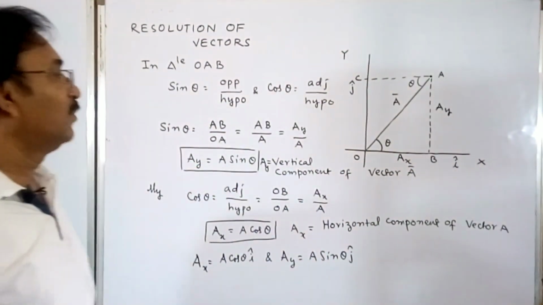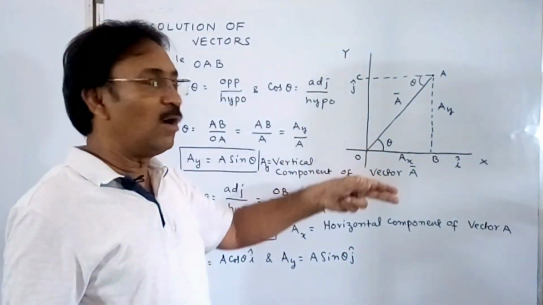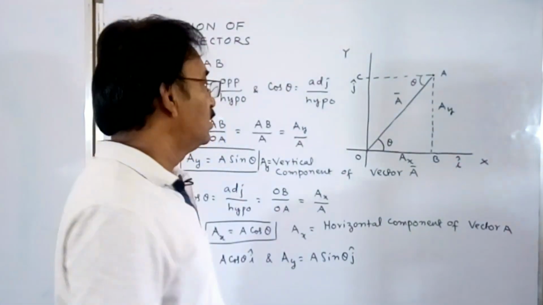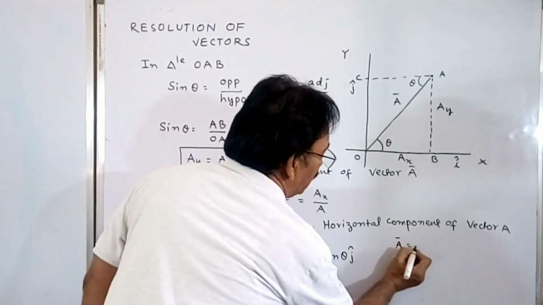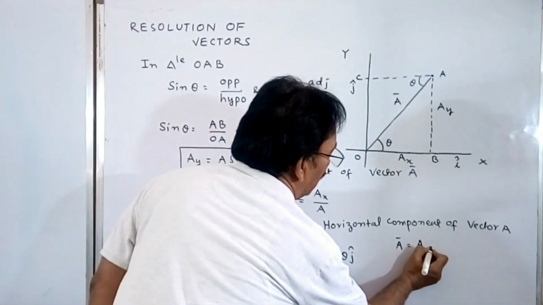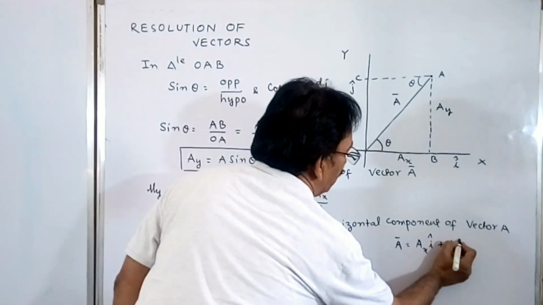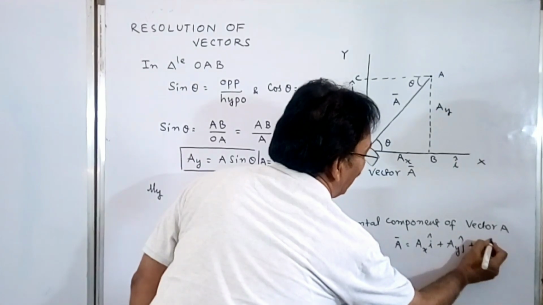Just imagine it has been divided into more than two, that means three components. Then we get A bar is equal to Ax i cap plus Ay j cap plus Az k cap.